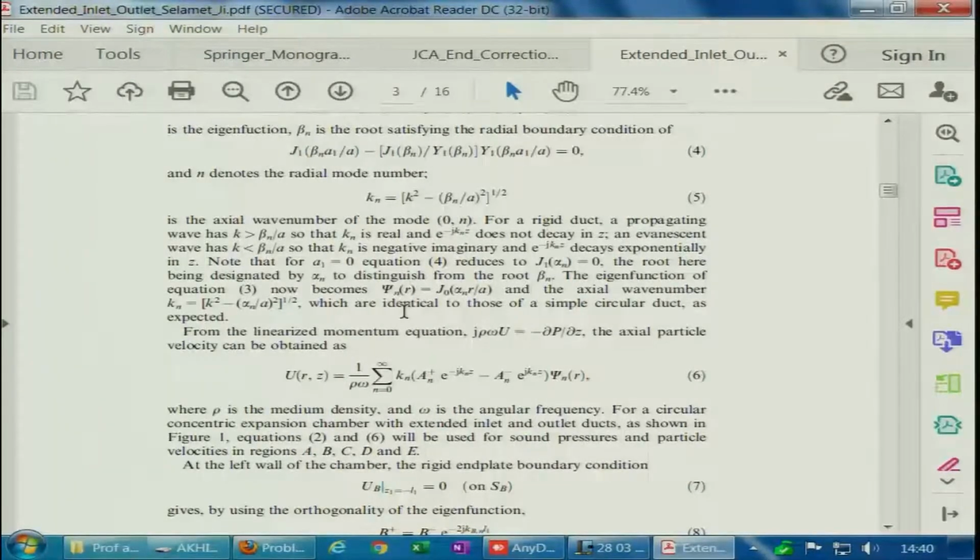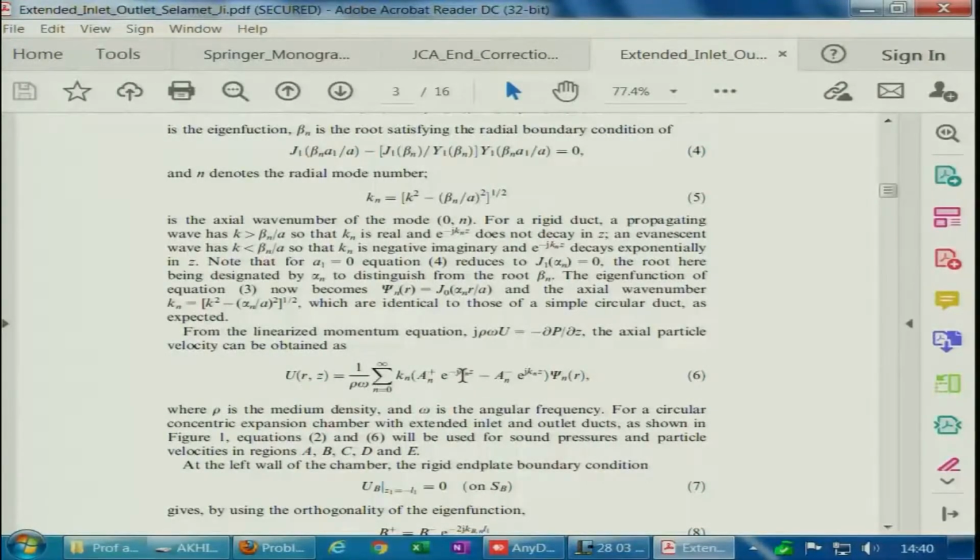So, what do we do? We use the Euler equation, j omega rho ∂u/∂t, where u is the velocity along the z direction, is equal to minus ∂p/∂z. Now, once you substitute time harmonicity, you get j rho omega u equals minus ∂p/∂z, where u is just the spatial field. So, once you know p, because the modal summation solution you already know.